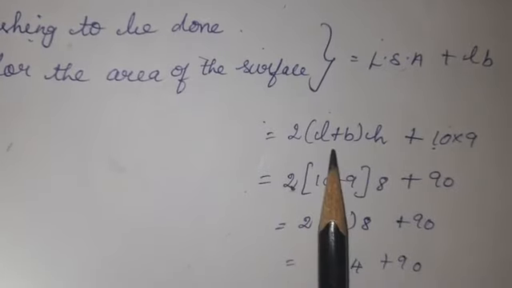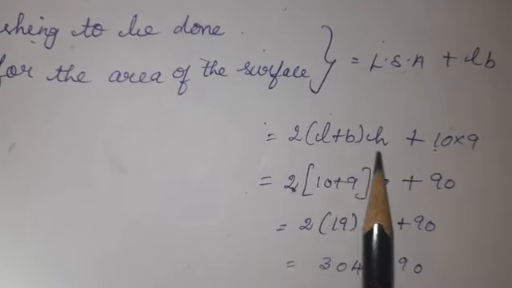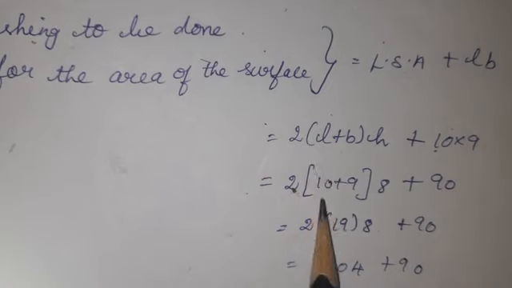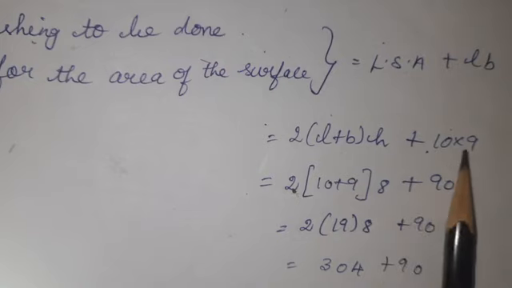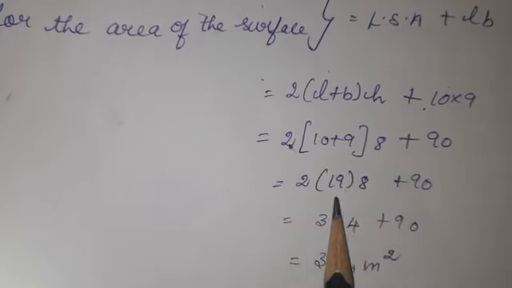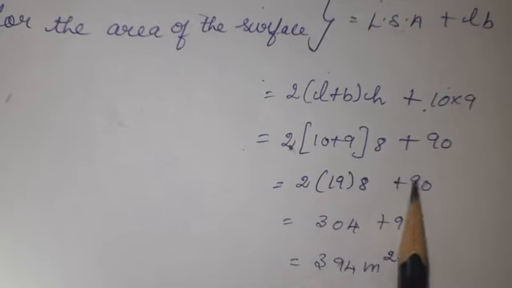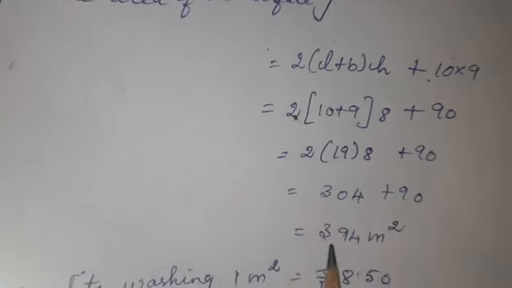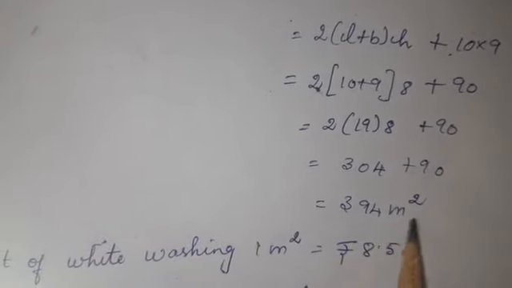In this formula you should substitute L, B, H. 2 into (L value is 10 plus B value is 9) into H value is 8, plus 10 into 9 is 90. Is equal to 2 into 19 into 8, plus 90. Is equal to, when you multiply these you will get 304 plus 90. After that you add, you will get 394 meters square.